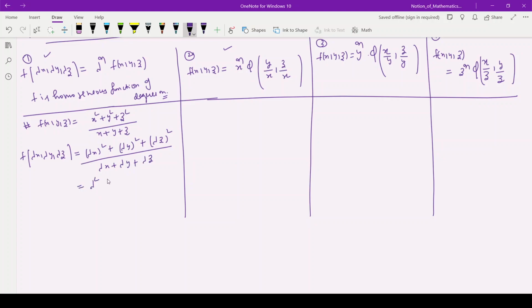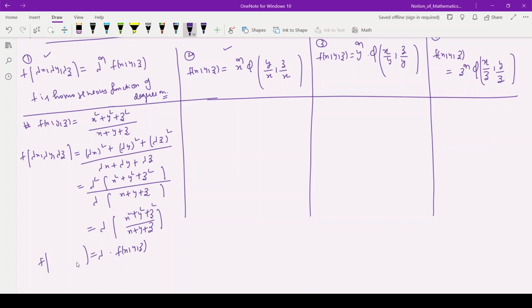Here lambda square is common from the numerator and lambda is common from the denominator. So it is x square plus y square plus z square, and it is x plus y plus z. Ultimately it is lambda into (x square plus y square plus z square) upon (x plus y plus z), or students, it is lambda into function of x, y, z, which was equated to f of lambda x, lambda y and lambda z.